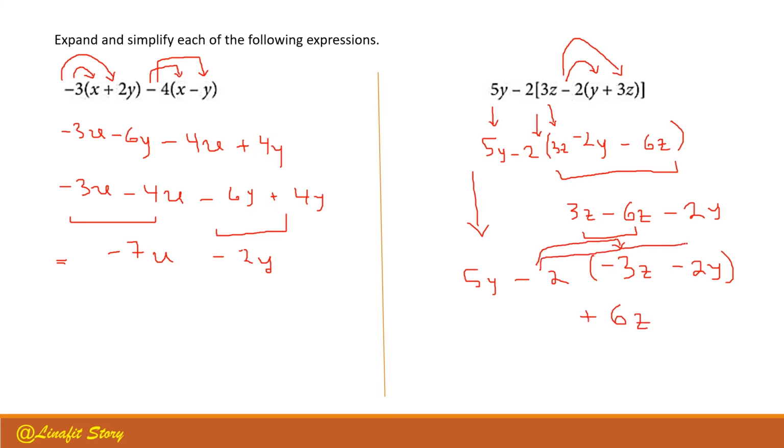Negative 2 times negative 2y, the result is positive 4y. So 5y plus 6z plus 4y. Then group the like terms. 5y plus 4y plus 6z. So the answer is 9y plus 6z.